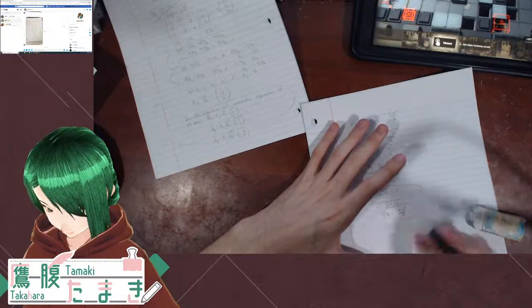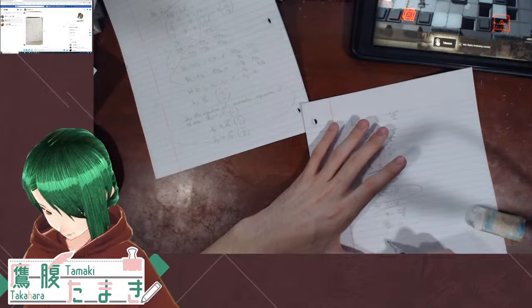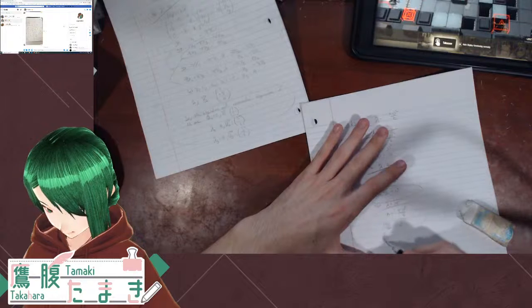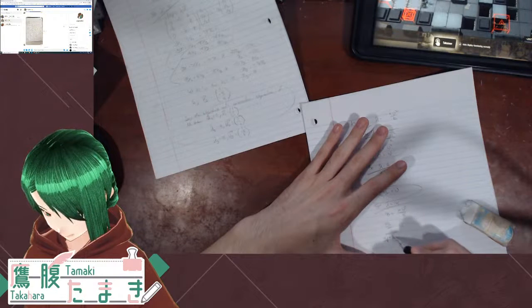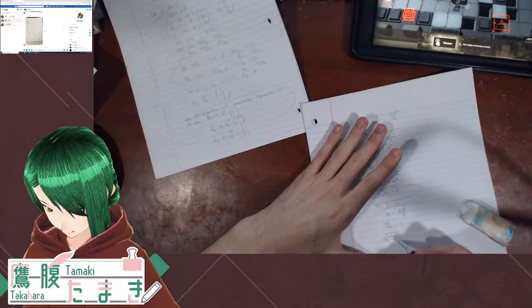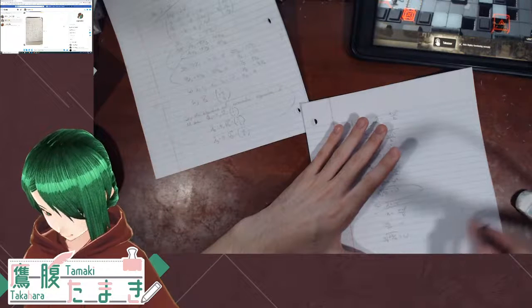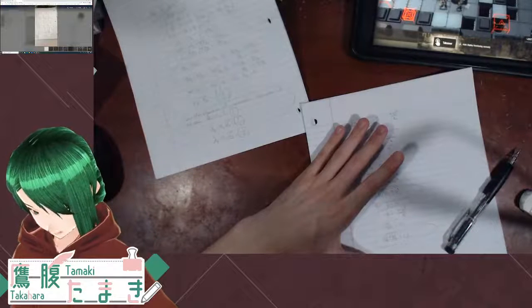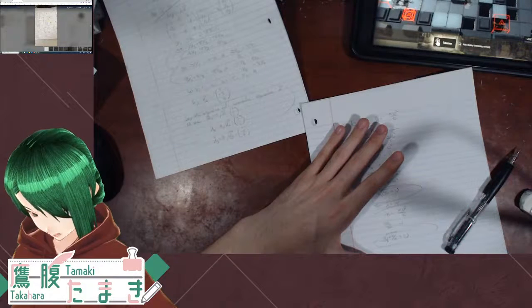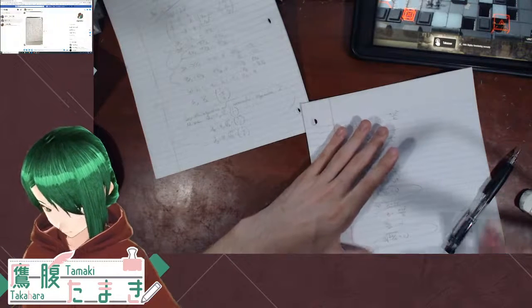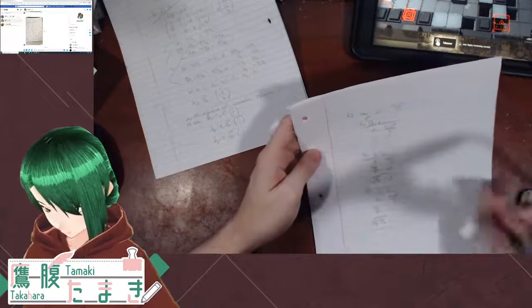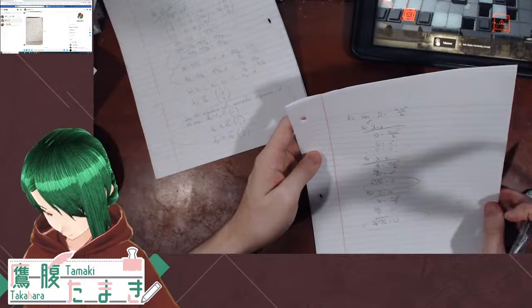Yeah, it's kind of a weird number, isn't it? Whatever. 3 square root 2k over m equals omega. Let's see if anyone else simplified it. Not really, but whatever. That seems about right. Okay.